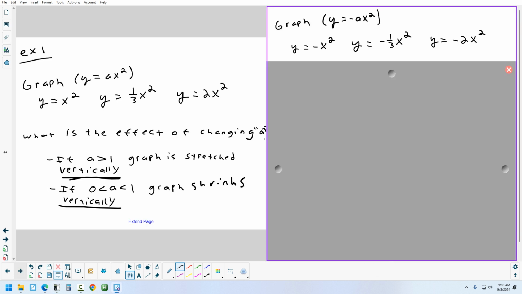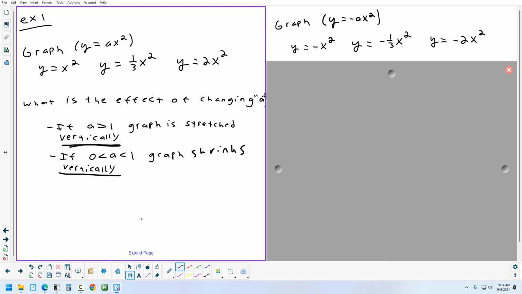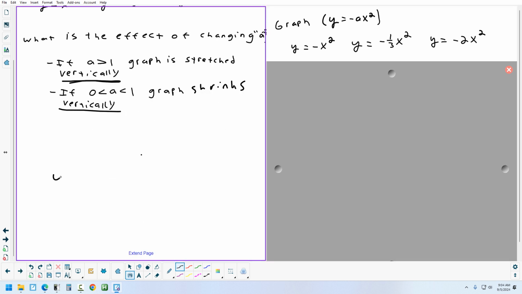All right, now let's do the same thing again, but let's take one more step and see what happens when we make a negative number. This is a little different than where we put the negative before. I'm not putting the negative inside parentheses with the x. I'm putting the negative in front of the whole thing. So there's a difference between something like this and something like this.